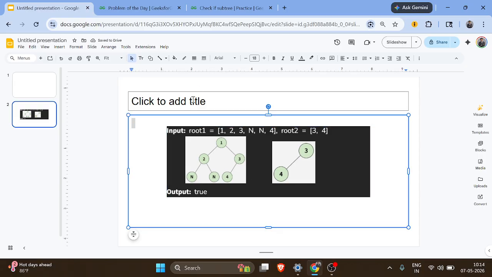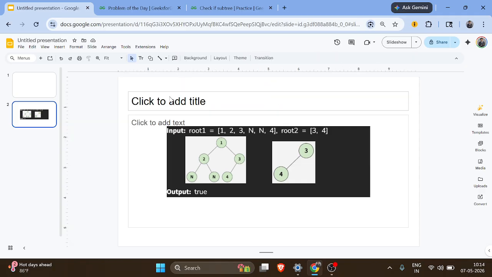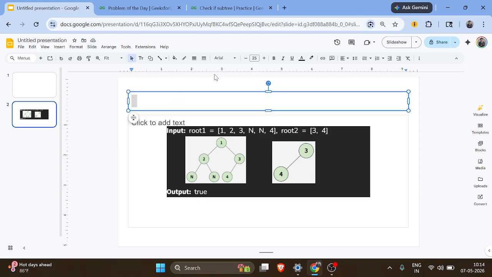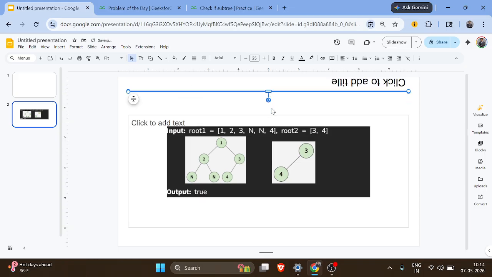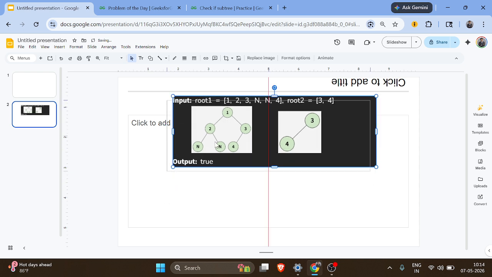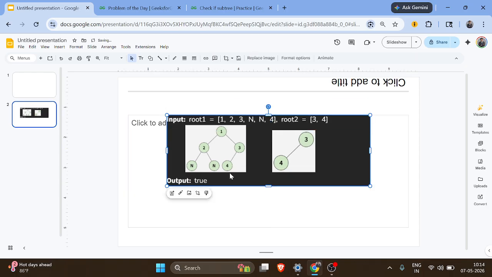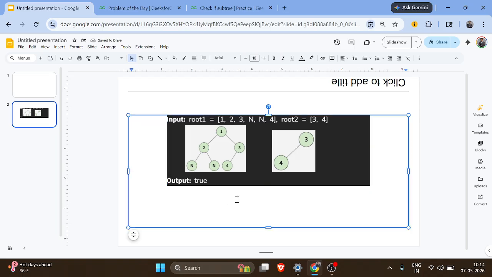So I hope you can see clearly. The question says that the two root nodes are given, and you have to say whether root 2 is a subtree of root 1 or not. That is the question.